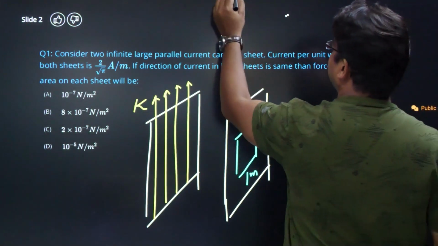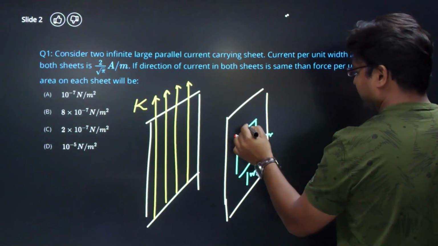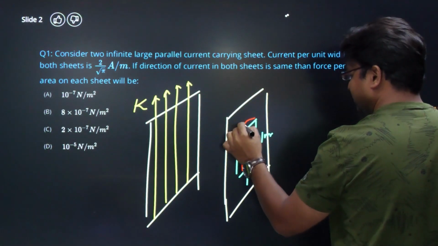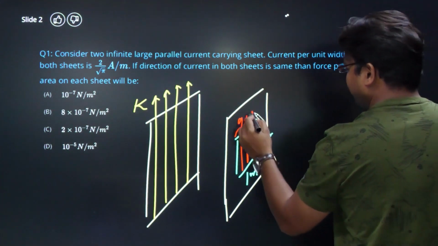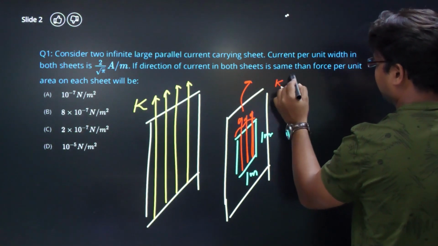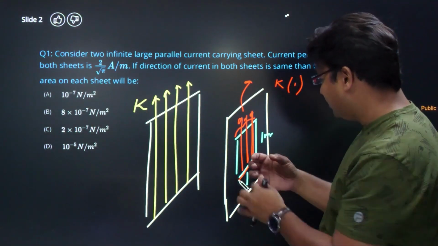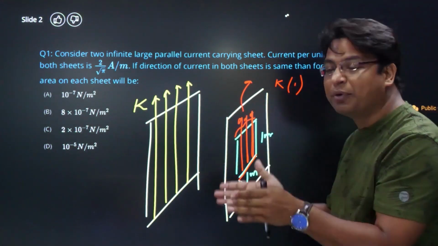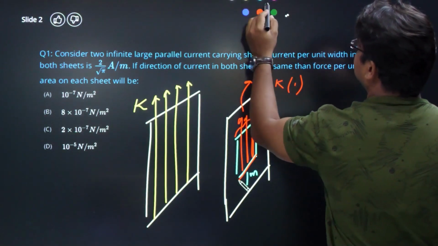So let's try to understand this: the total current which is passing through this area would be K into 1, because we are considering this length as 1. So K into 1 is the total current in this strip of width 1, and this will experience a force in this direction.